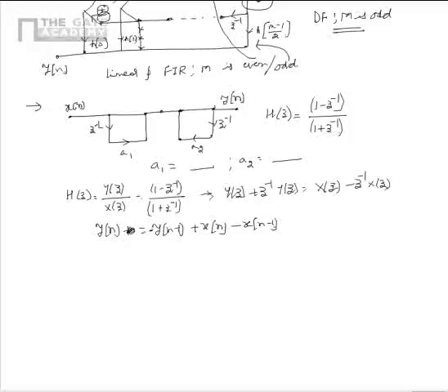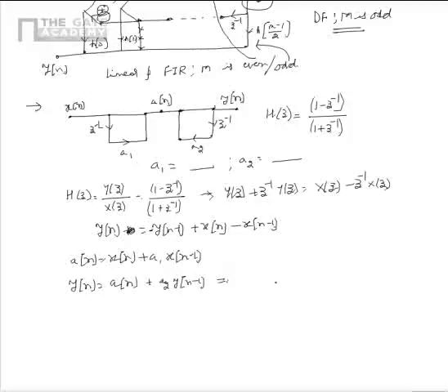Now we see that from the figure the intermediate output can be written as a of n, where a of n is equal to x of n plus a1 into x of n minus 1, and the output y of n can be written as a of n plus a2 into y of n minus 1.